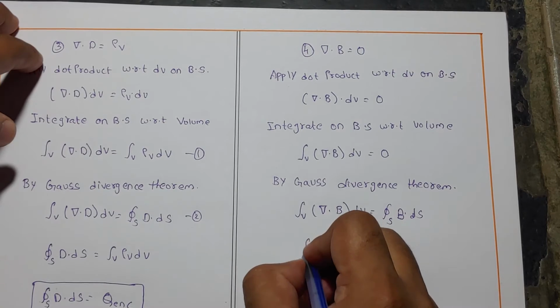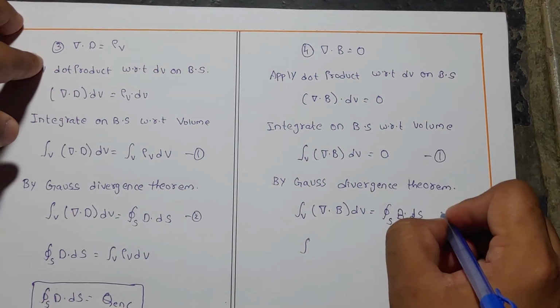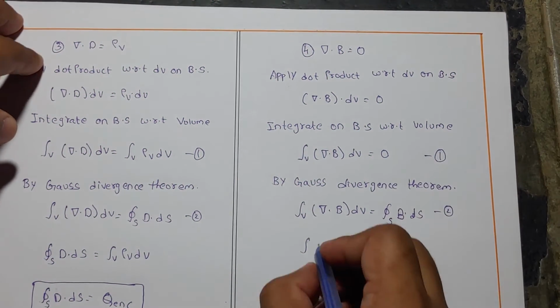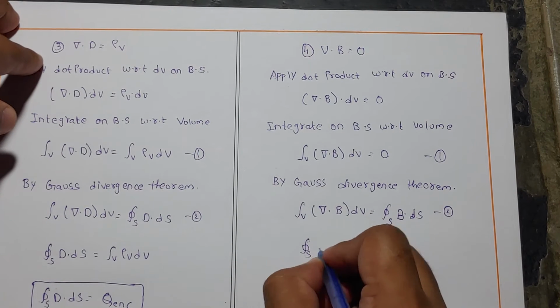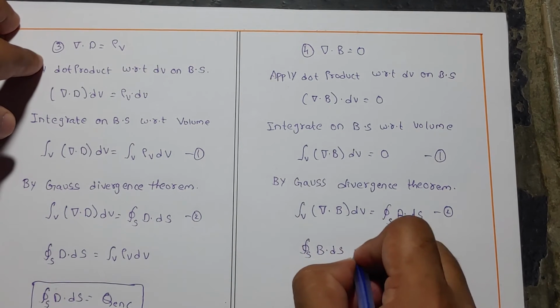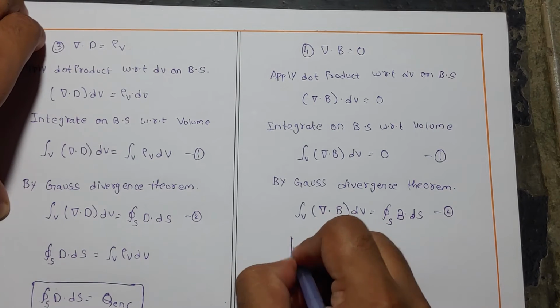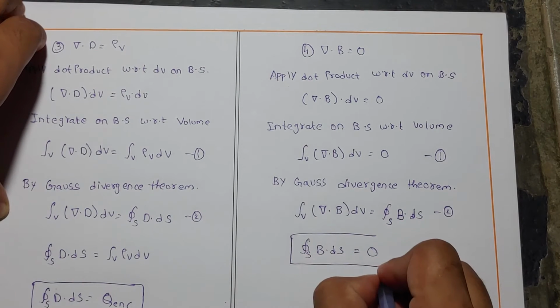This is equation 1 and this is equation 2. By equating 1 and 2, we will get closed surface integral of B dot ds is equal to 0, which is Maxwell's fourth equation in the time varying field in the integral form.